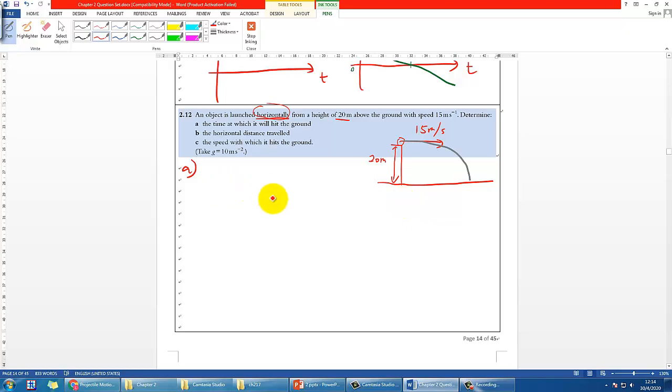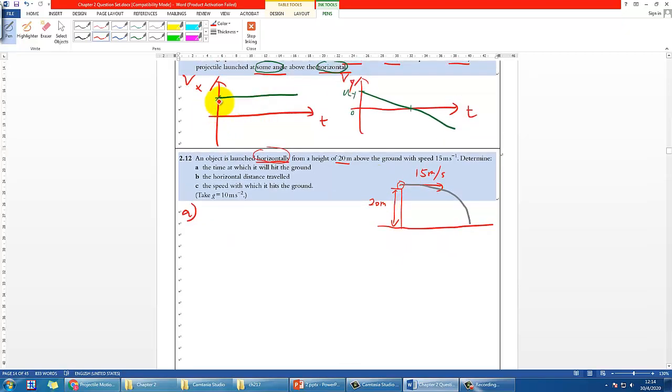And the answer is that horizontal, like the previous question, has nothing to do with when it will reach the ground, because when it hits the ground, it is really about your vertical displacement. In this question it is simply 20 meters, because no matter how far you go horizontally, it has nothing to do with whether it reaches the ground or not.